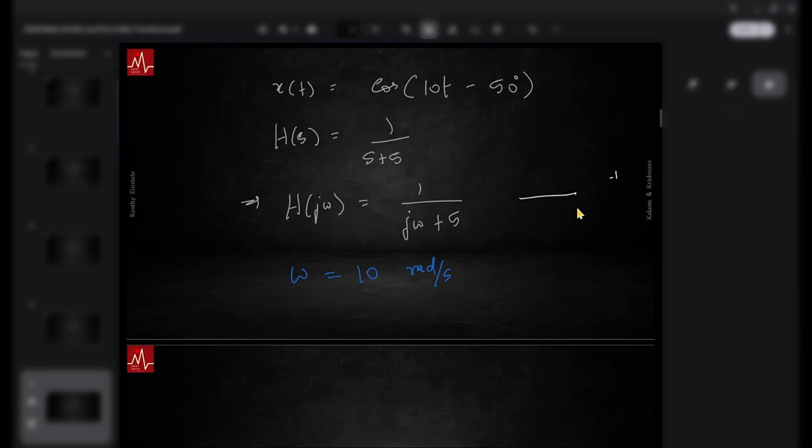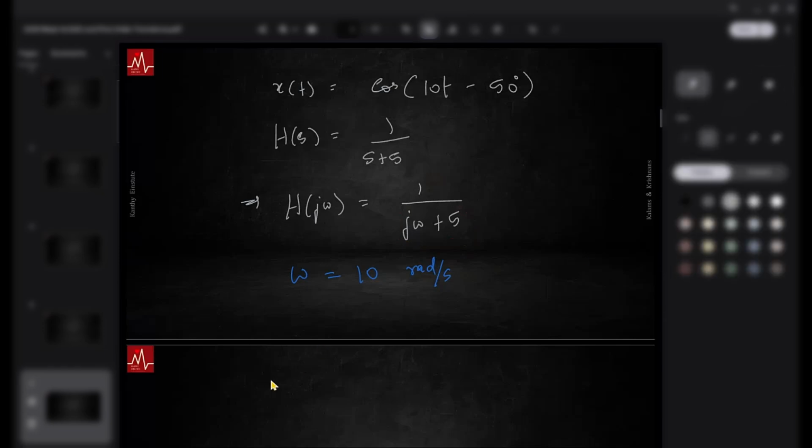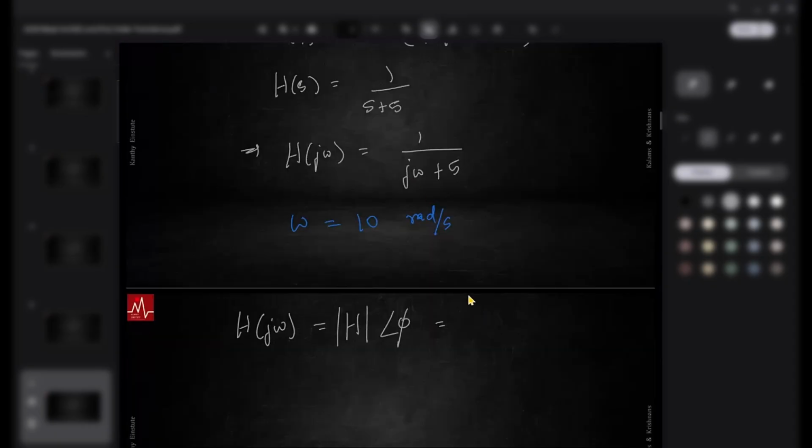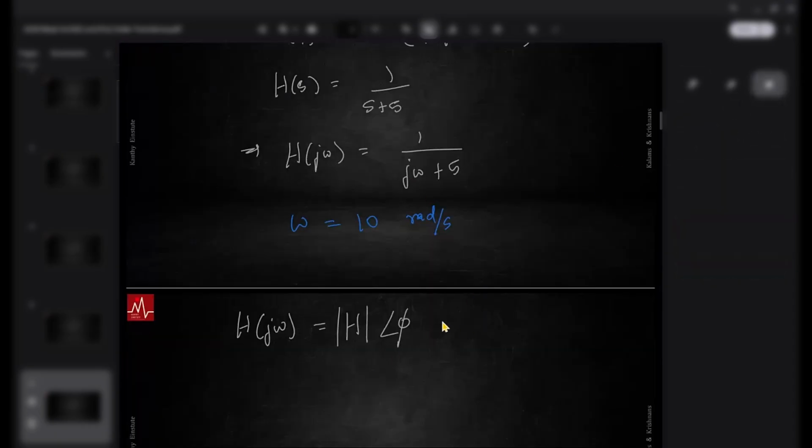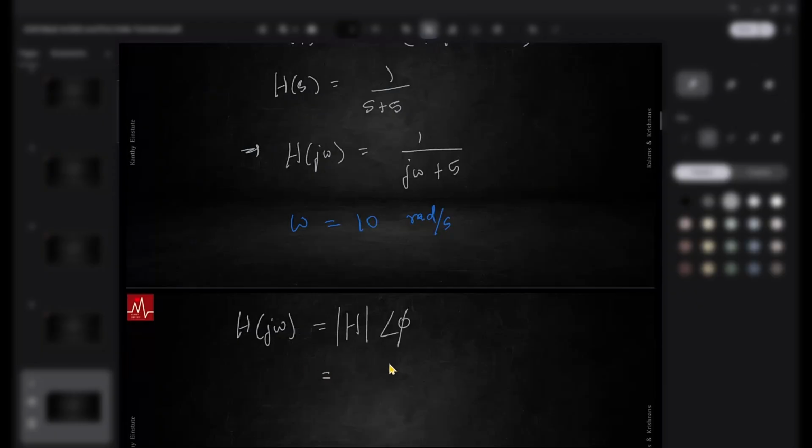Let me write this clearly. H(j omega), written as an amplitude and a phase, has an amplitude of 1 over the square root of omega squared plus 5 squared.